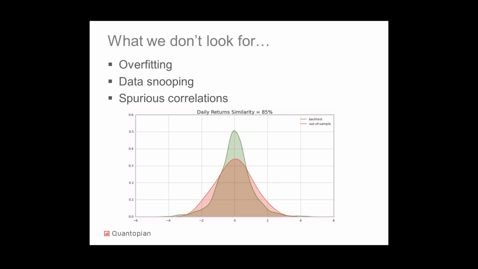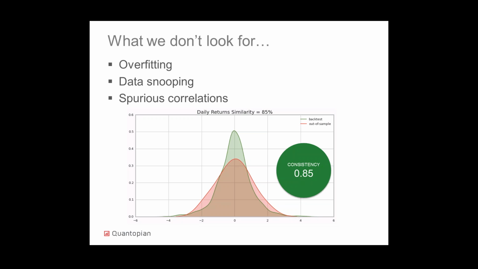Not to dig into those too much, but here's an example of plotting a modeled returns distribution of backtest daily returns and then subsequent out-of-sample daily returns from the same strategy. If we look at the area under the two curves overlapping, we translate that into this consistency score that I measured. Right now, that's one of the tools we're using to look for whether your backtest is a good predictor of your out-of-sample behavior.